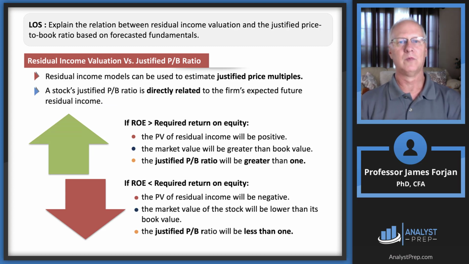All right, how about some relationship with the multiples that we just did in a previous reading? So look at that first arrow point. Residual income models can be used to estimate justified price multiples. Oh, this makes perfect sense here. So if ROE is greater than the required return on equity, which of course we have a green arrow upward, we want that, present value will be positive, market value will be greater than book value, and the justified price to book ratio will be greater than 1.